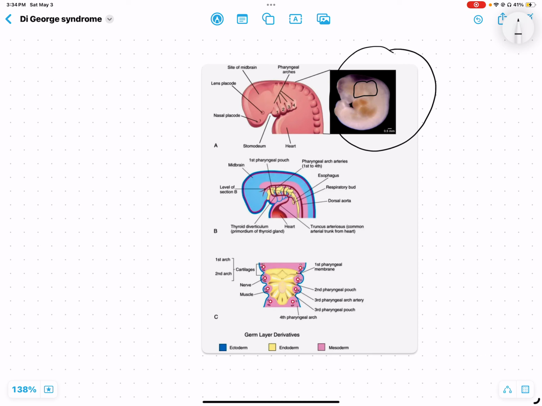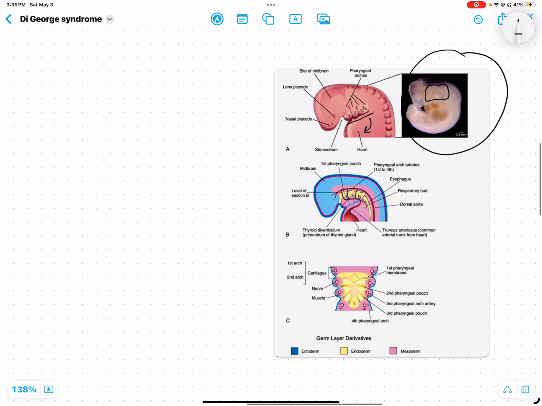On the lateral side it looks something like this, and below that is the heart. This is very important to learn because this is the area where the thymus develops from one of the pouches. We'll understand when, how, and where.